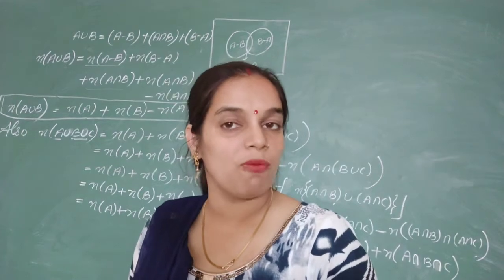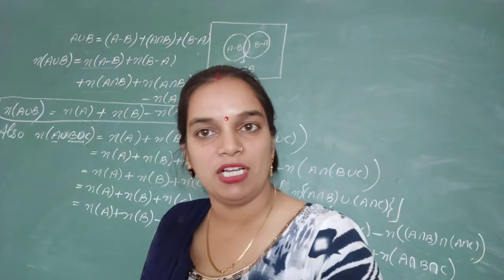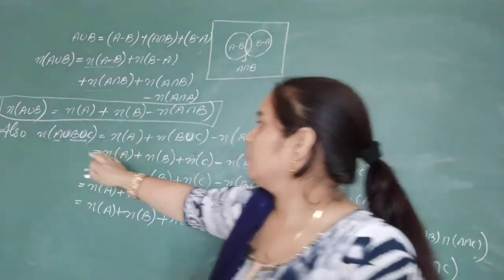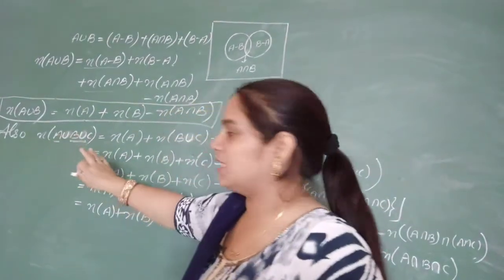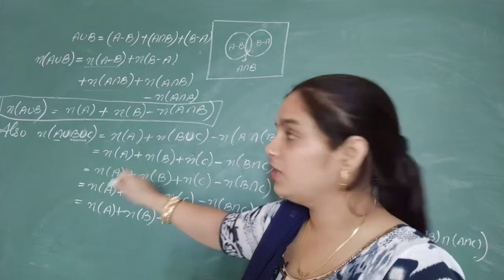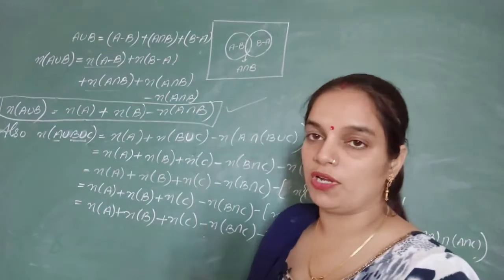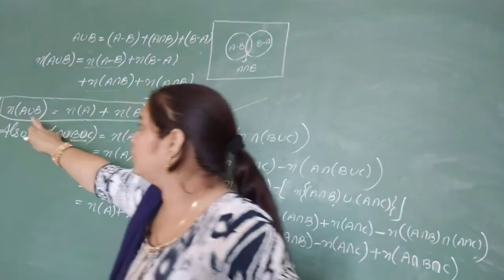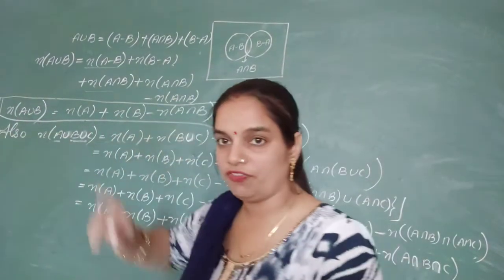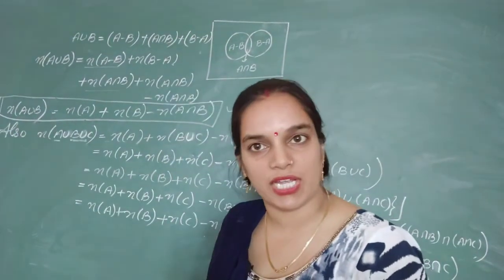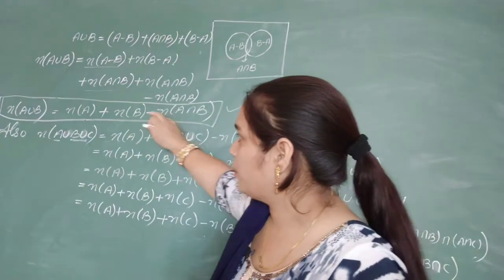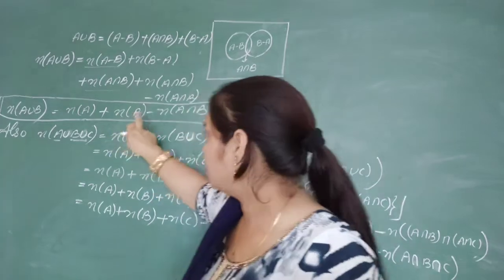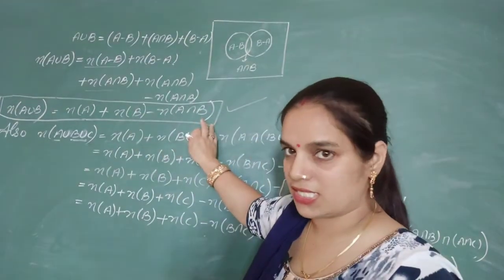How will we deduce the formula? ये formula कैसे बनेगा? We will deduce this from here. In A union B union C, we will derive this formula using this property. If there is a union between two sets, we will apply the property: we take the number of elements in the first, plus the number of elements in the second, minus the number of elements in their intersection.